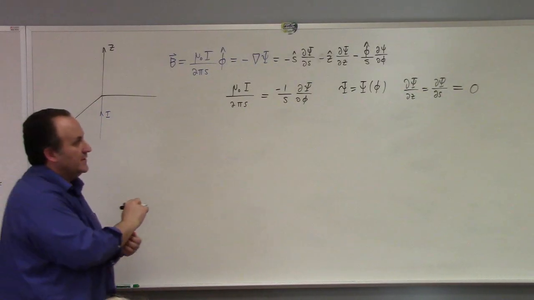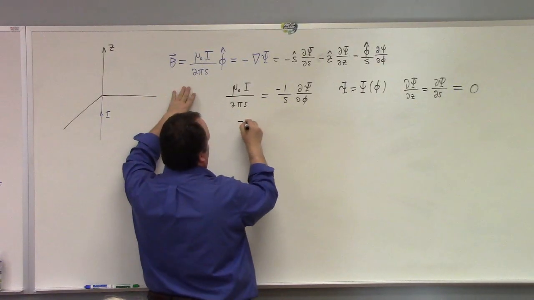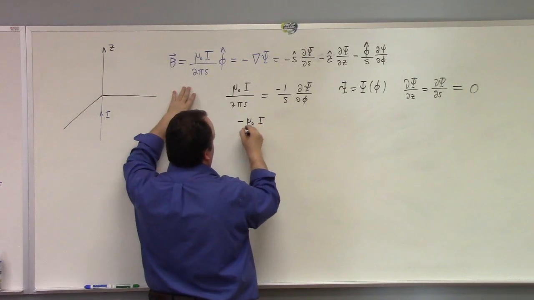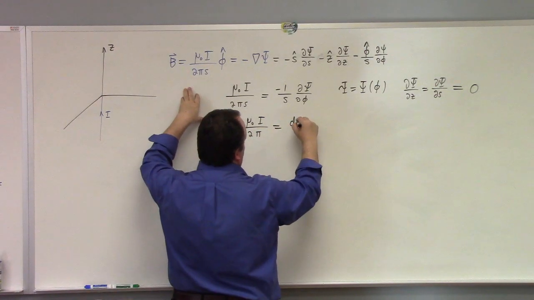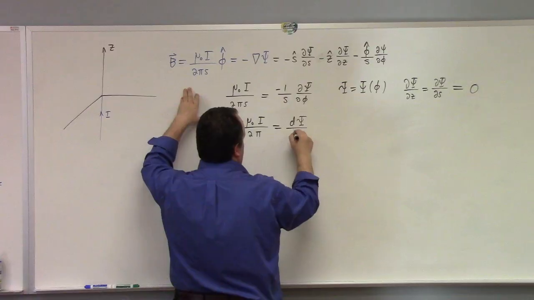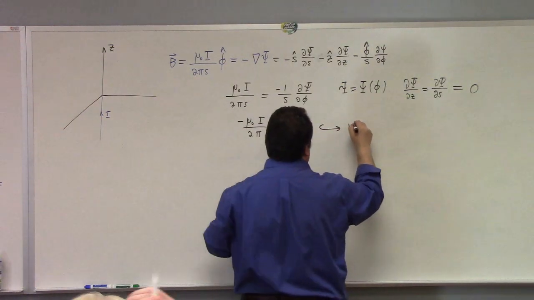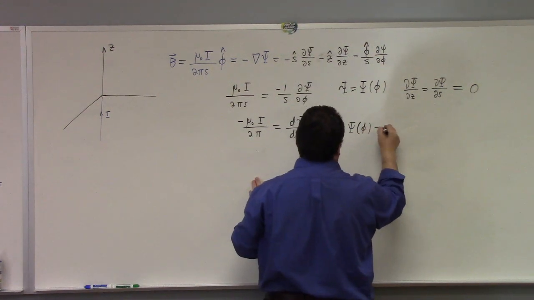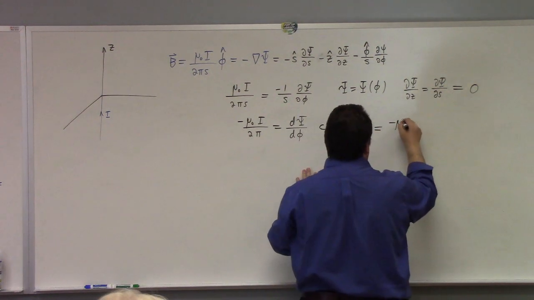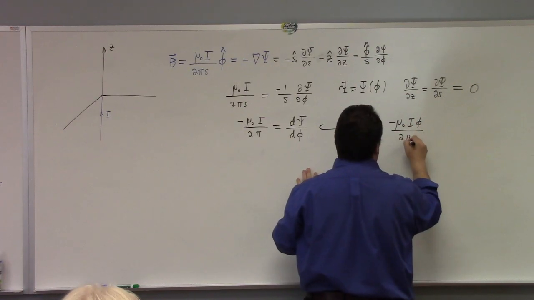The s's cancel, and so we have minus mu naught I over 2 pi equals the total derivative, because it only depends on phi. So integrate, and we get that psi of phi is simply minus mu naught I phi over 2 pi.